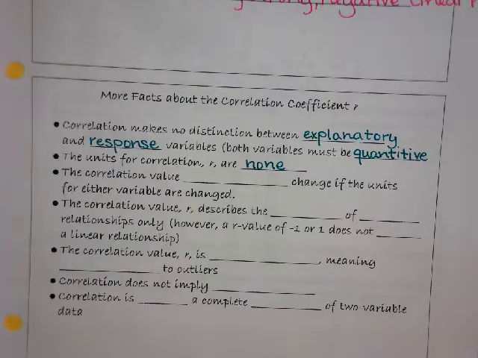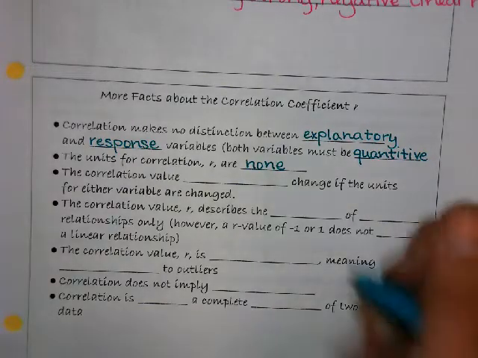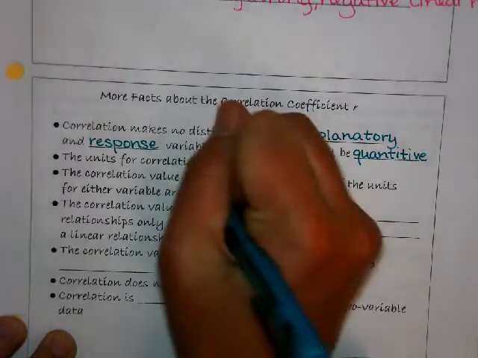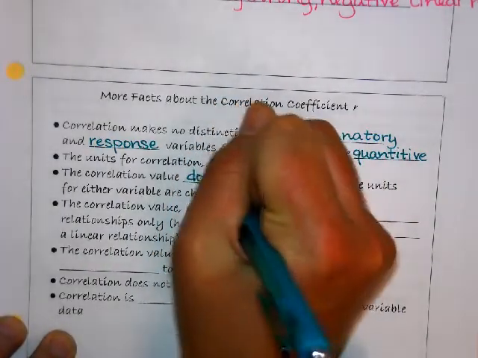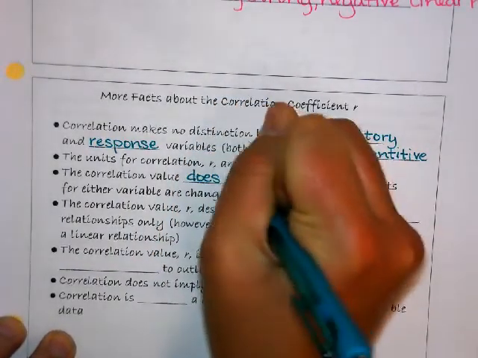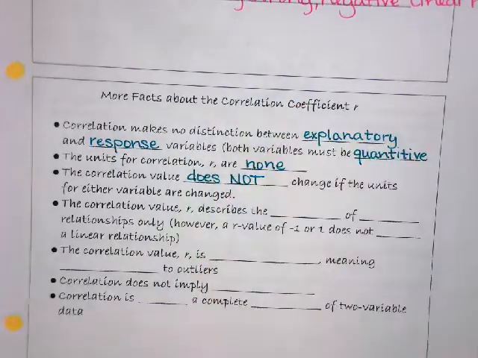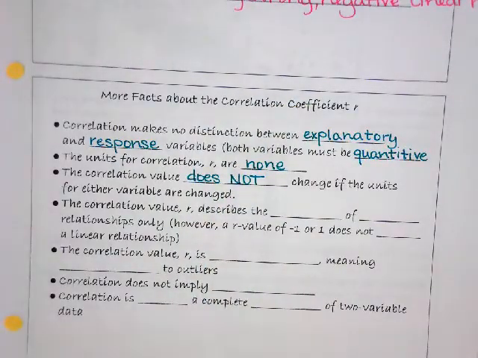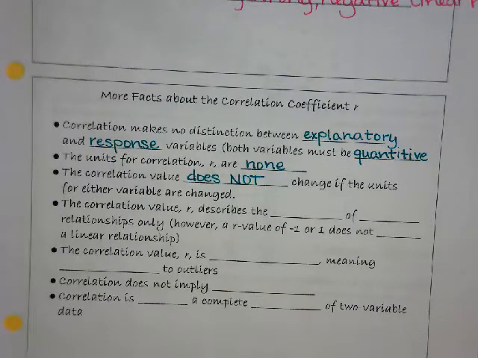Correlation value does not change if the units for either variable are changed. So let's say you're looking at the relationship between hours studied and test scores, and you find an R value, and then you all of a sudden go, okay, let's change it to minutes studied and test scores.